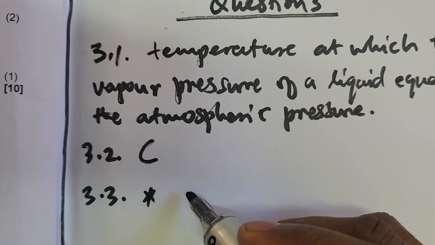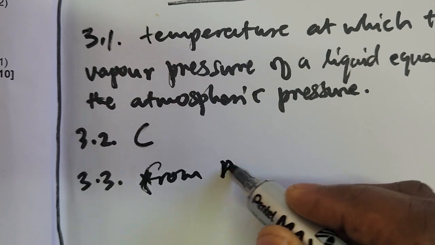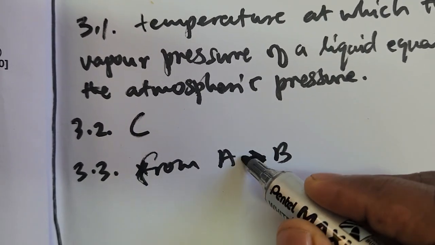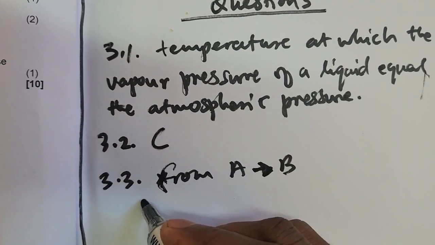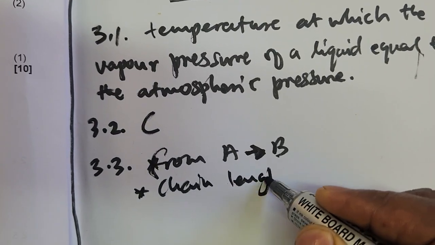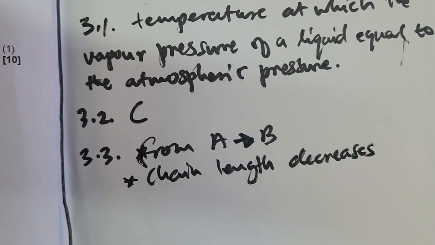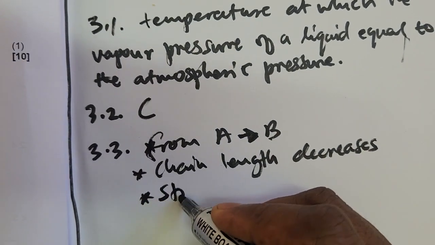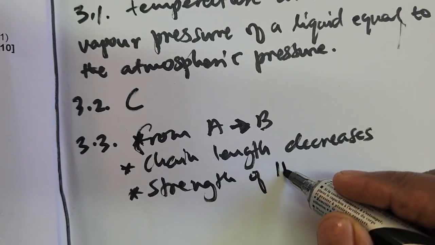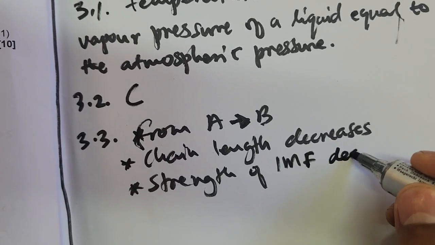If I use a trend, I would say from A to B, one, chain length decreases because B is branched, and then the second one, the strength of intermolecular forces, IMF, decreases as well.